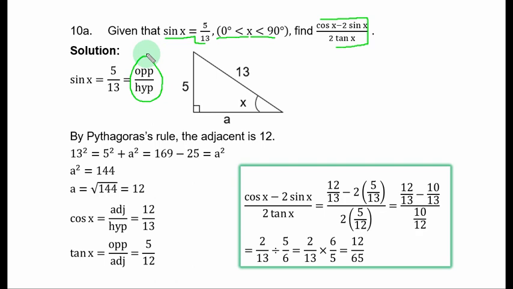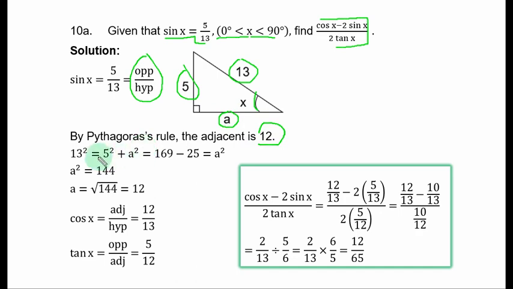So you use the information about sin S, you draw a right angle triangle with the acute angle as S. The side facing it is the 5, opposite. The other side, the longest side, is 13, the side that is facing the right angle, hypotenuse. The other side is adjacent, that is A. By Pythagoras rule, adjacent is 12.